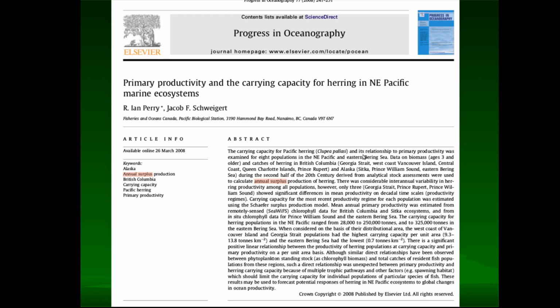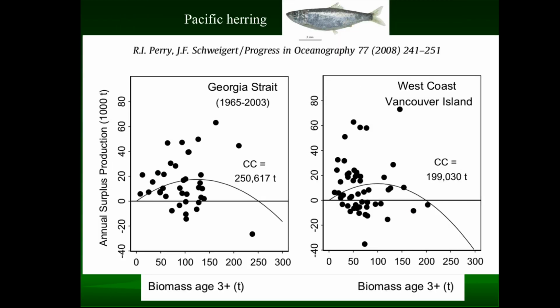In fish populations, for example Pacific herring, you can plot total biomass, which is a proxy of the population density, against the annual surplus production, which is a proxy for average fitness in the population, and see that the curve eventually becomes negative as the biomass or density increases.